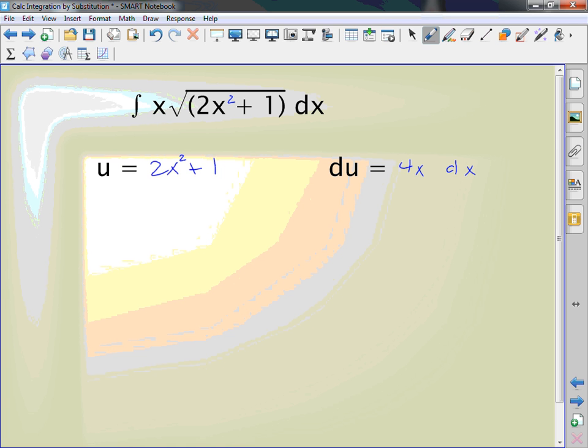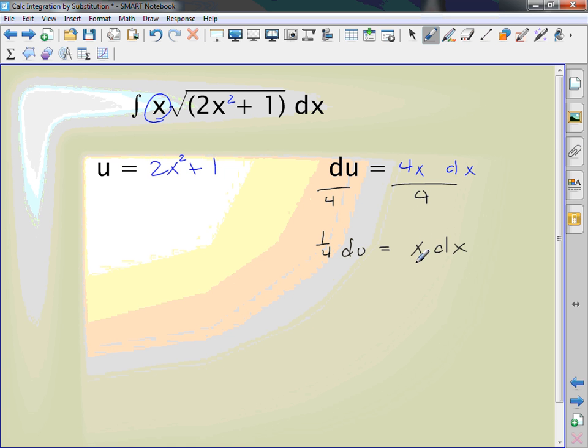Now, I have an x out here. What don't I have out there? I don't have that 4. So the x can stay there. Divide by 4. So it's 1/4 du is x dx.